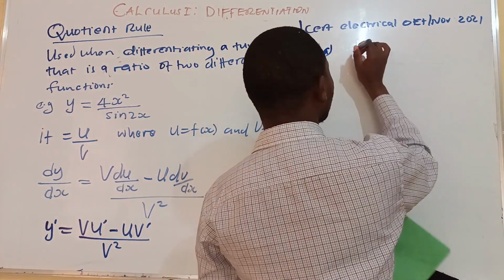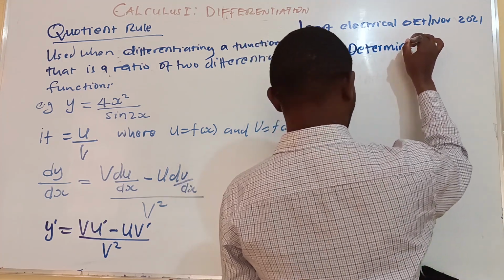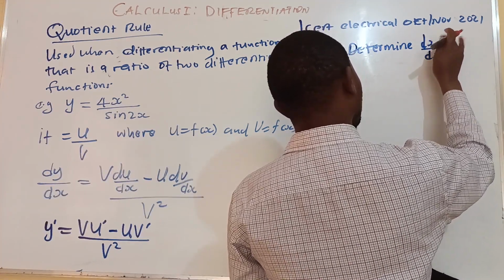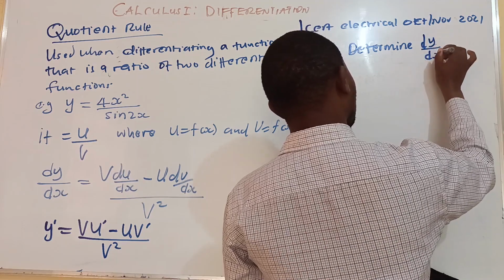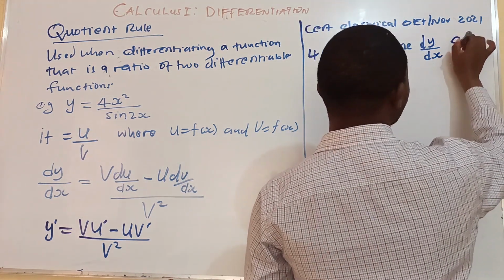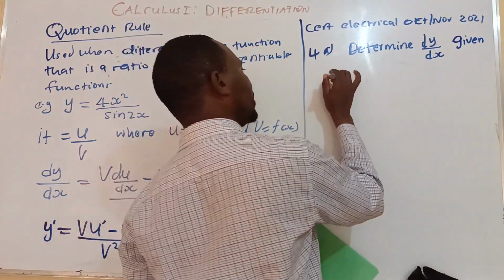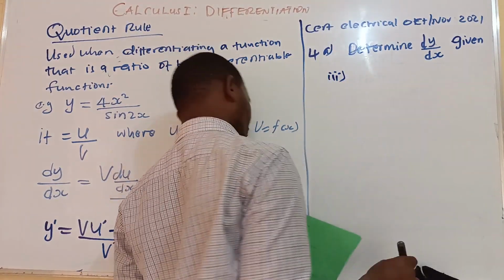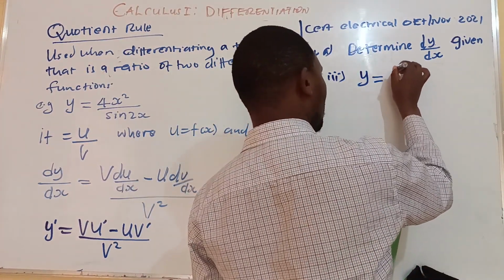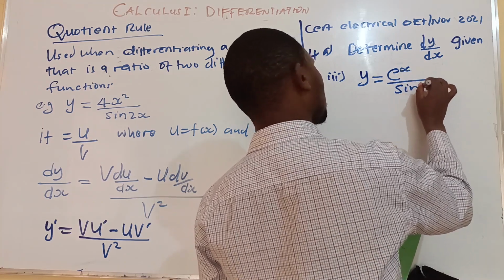We had been told to determine dy dx, it is part 3, given y is equal to exponential x all over sin x.